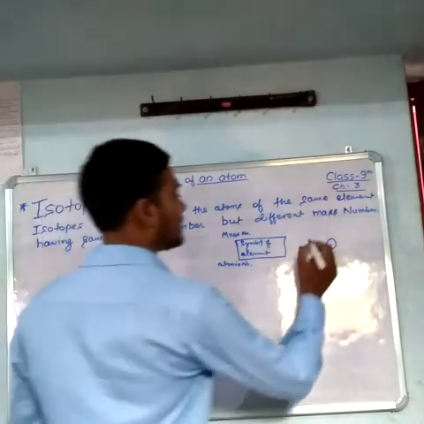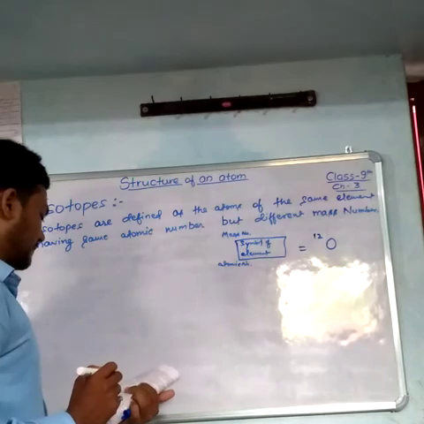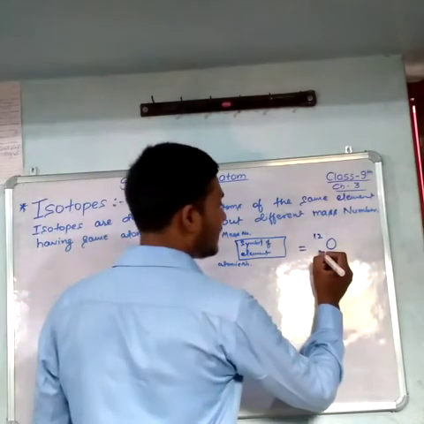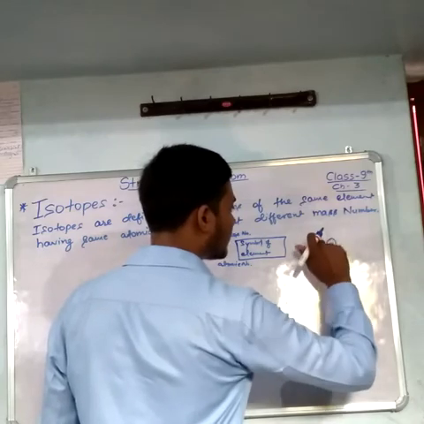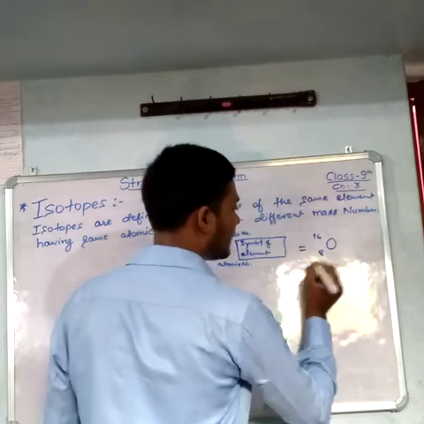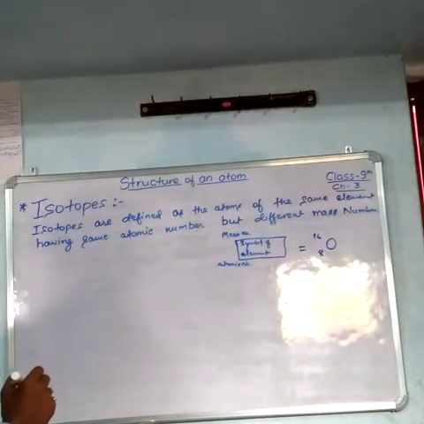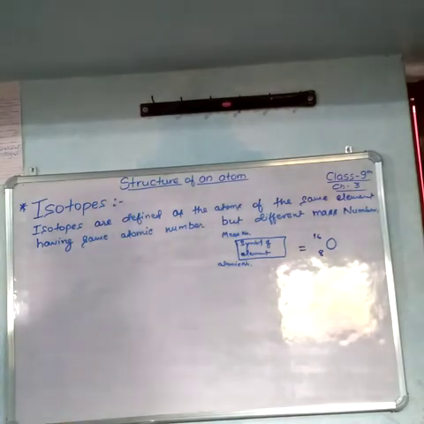Okay, its mass number is written on the upper side and its atomic number is written on the lower side, 16 and 8. Okay, so isotopes are defined as the atoms of the same element having the same atomic number but different mass number.